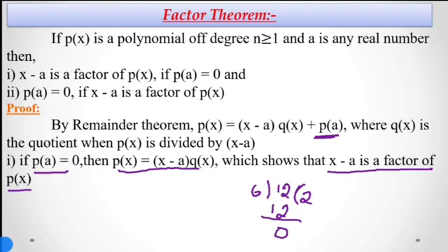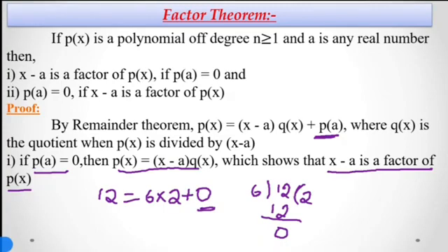Then by using remainder theorem, we are going to write this division as an equation. Here p of x is 12. So dividend 12 equals divisor 6 into quotient 2 plus remainder. Here the remainder is 0.